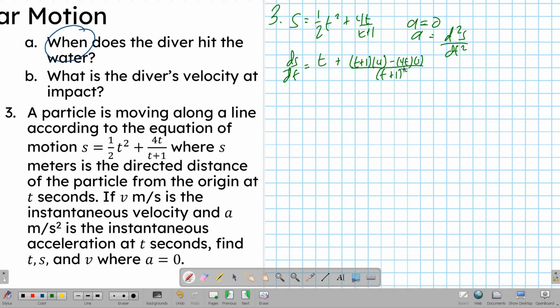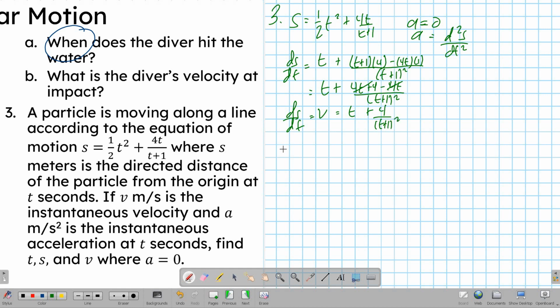So I'm going to just have t plus 4t plus 4 minus 4t over t plus 1 squared. It cancels, therefore ds over dt, which is equal to our velocity function, is t plus 4 over t plus 1 squared.